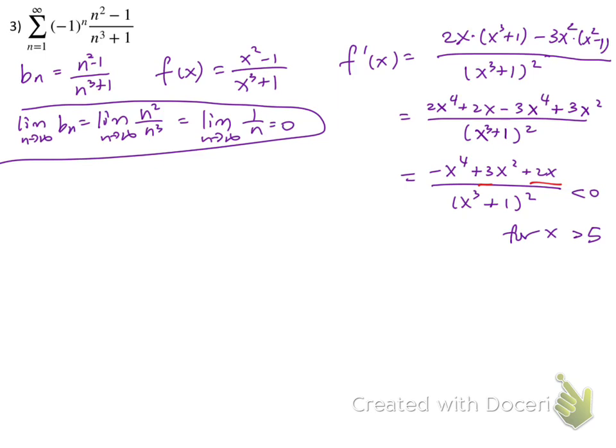And that means Bn plus 1 is less than Bn for, again, n greater than 5. Ultimately, it's decreasing. That is good enough to make our alternating series converge.